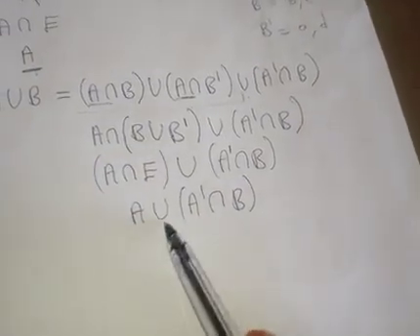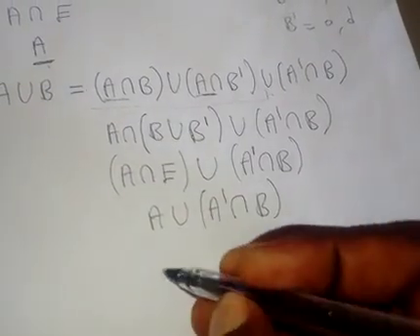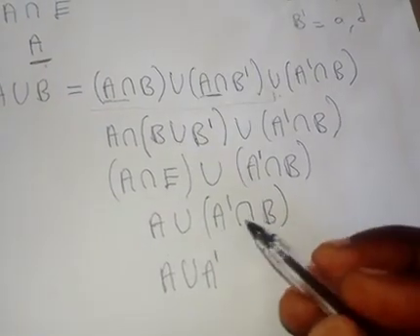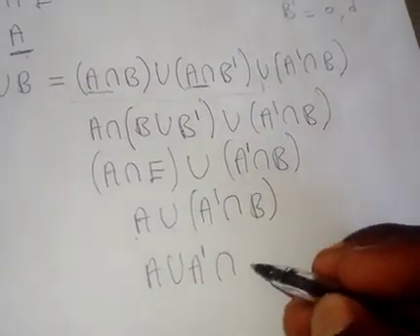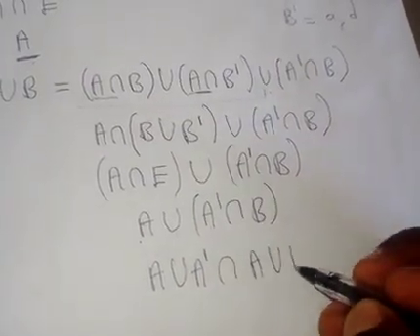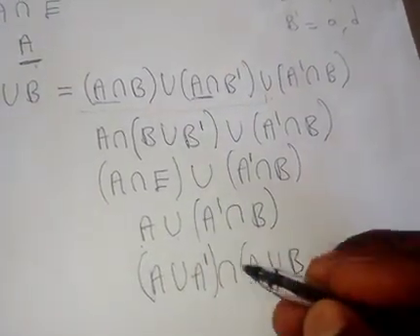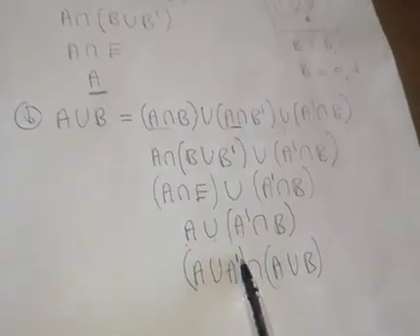If we distribute A union over A complement and B, we get A union A complement, and A union B. Then what is A union A complement?